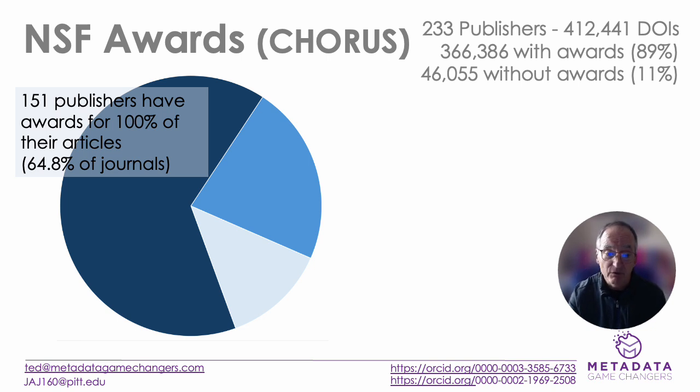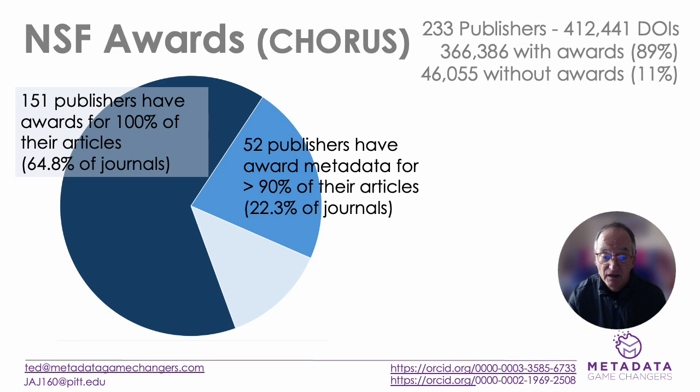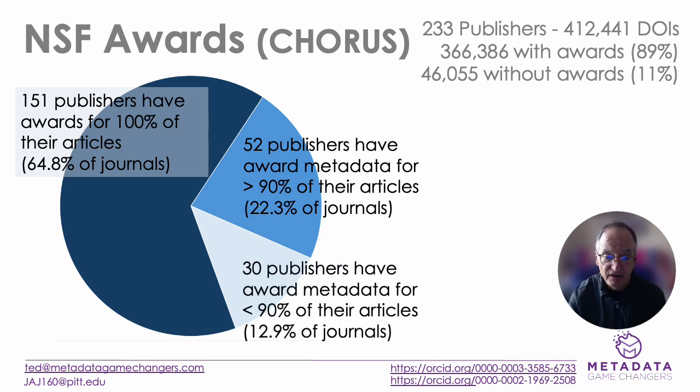So 151 out of 233 do that very well and consistently across all of their articles, which is great. 52 have award metadata for over 90% of their articles, which is, again, pretty good. And 30 have award metadata for less than 90% of their articles. So that's about 13% of the journals that we're dealing with here.